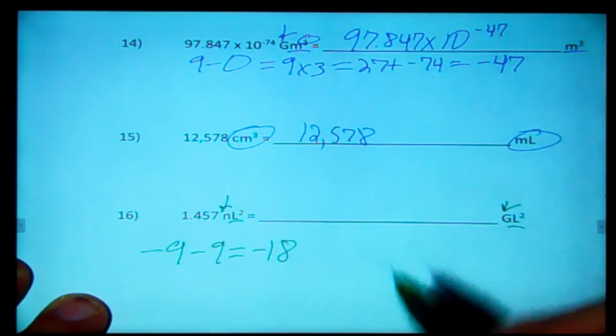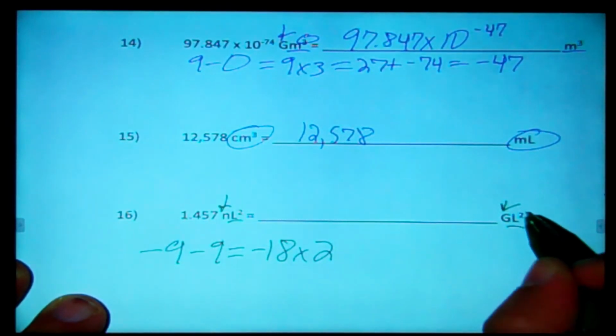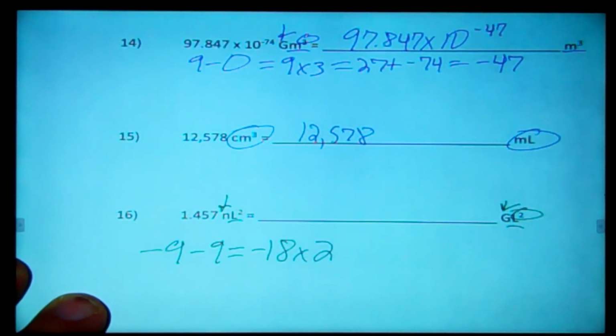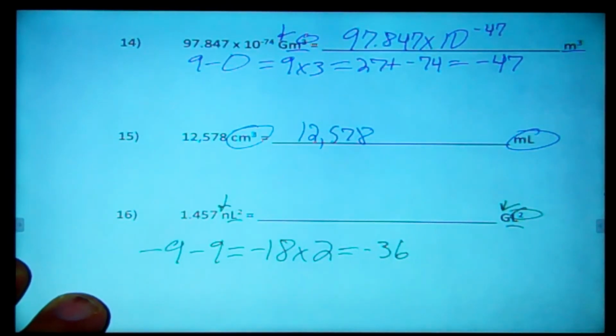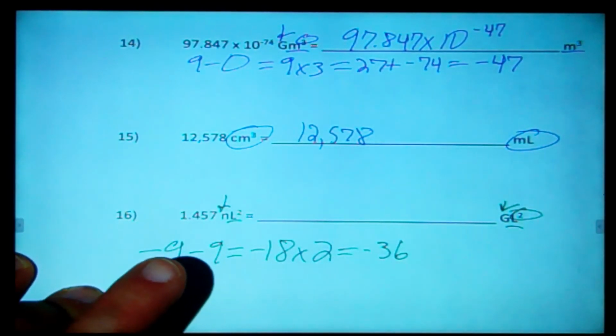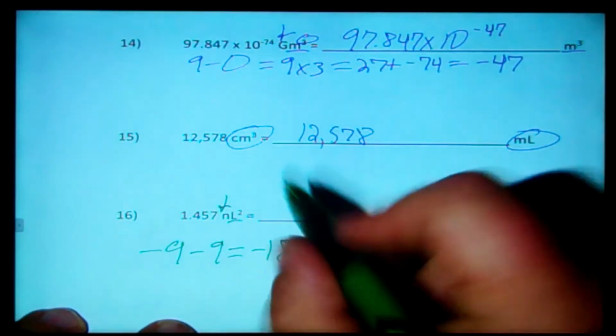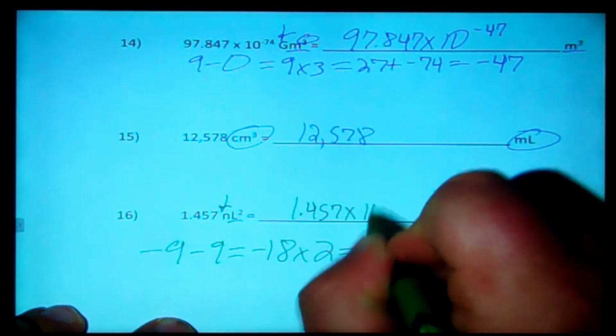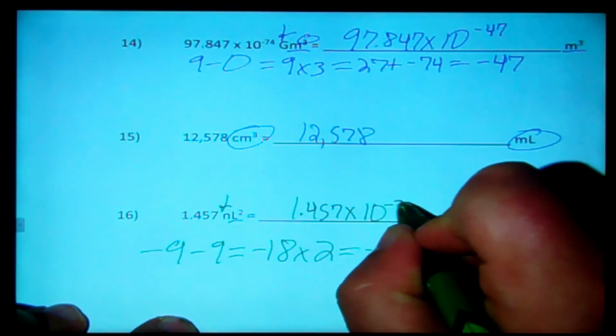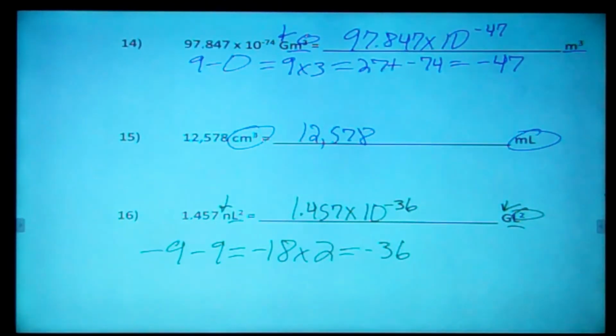So then I multiply by the 2 that's on the units, which gives me negative 36. I add what I start with. There's no exponential value. There's no scientific notation, so I don't got to worry about adding anything in that case. So it's 1.457 times 10 to the negative 36 power.